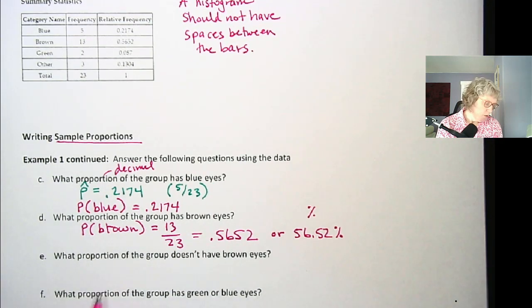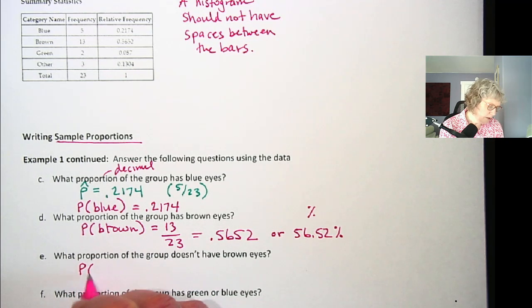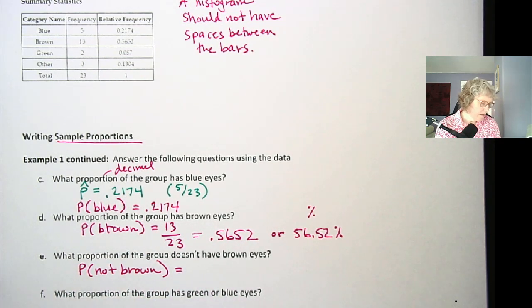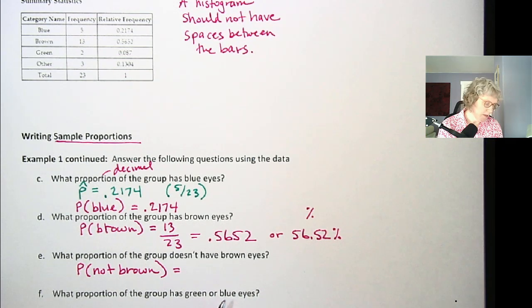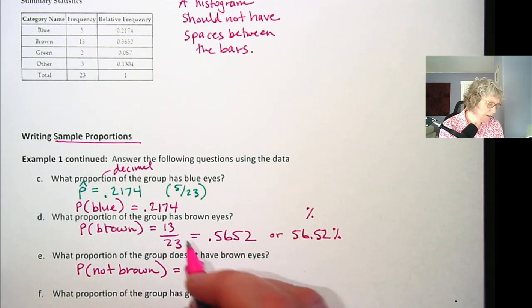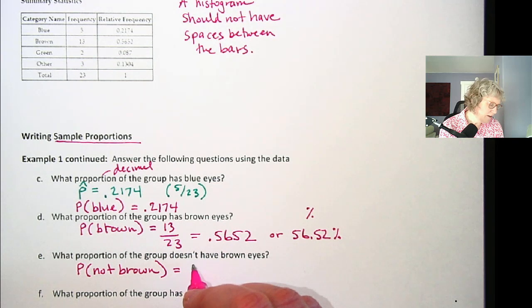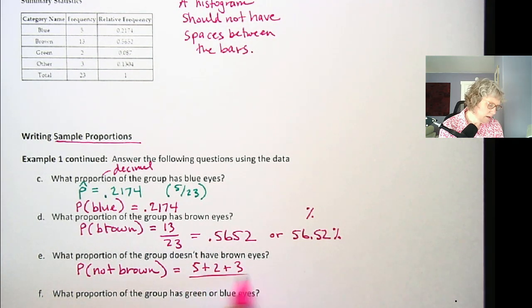What proportion of the group doesn't have brown eyes? Now we need to do a different type of calculation. So I'm going to write probability of not brown. It's like everything else except brown eyes. So now I'm going to count everybody else. There's two ways to do it. I can count 5 plus 2 plus 3 out of 23.